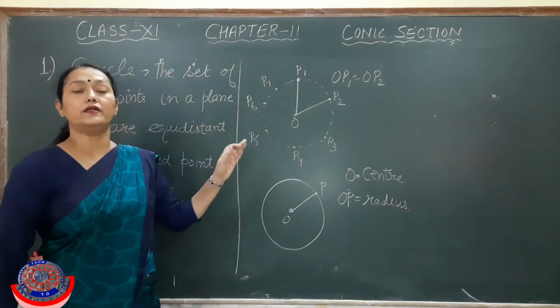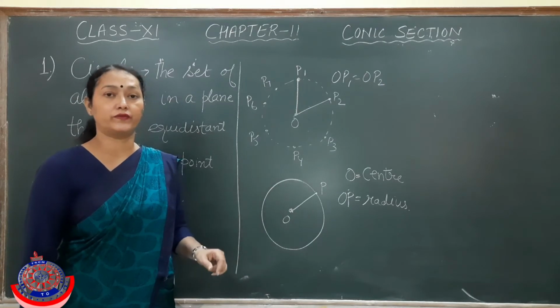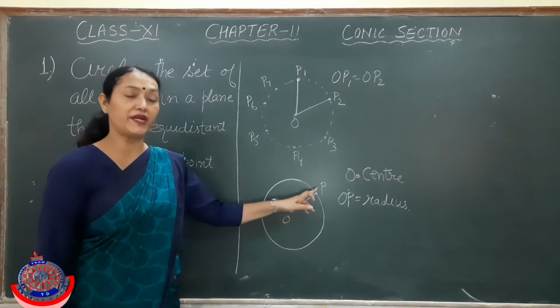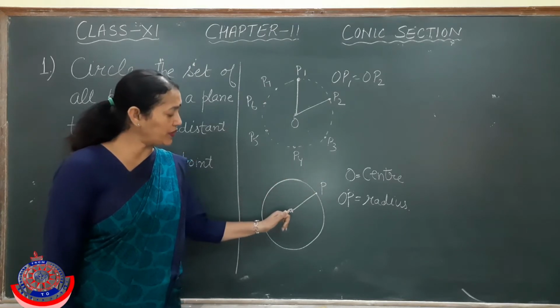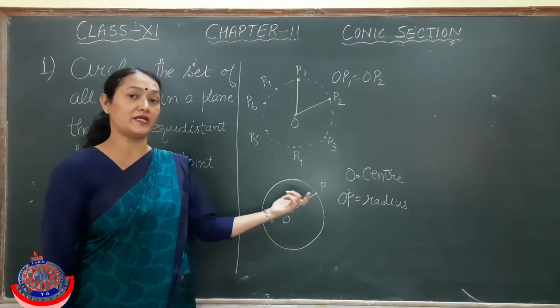Now how to get equation of circle? What we said, OP is radius, and according to distance formula, if we try to get the value of radius, that will be distance OP.